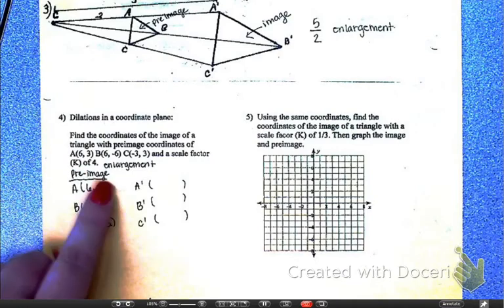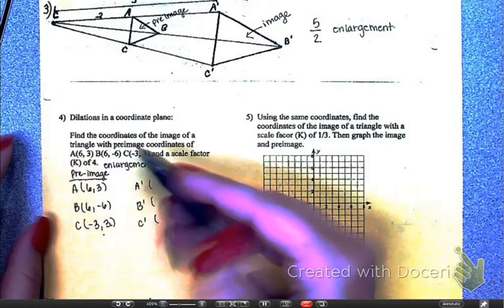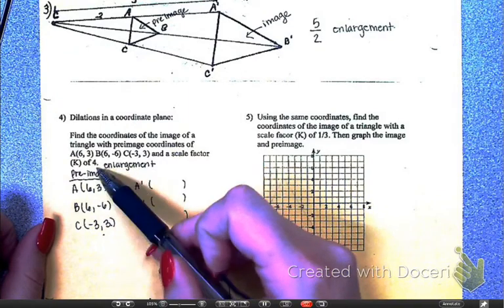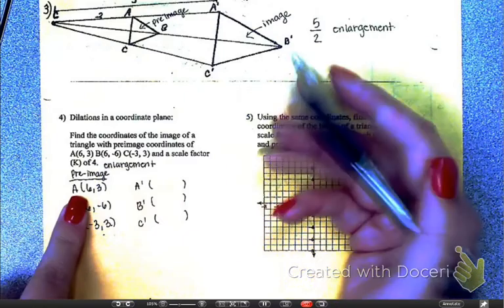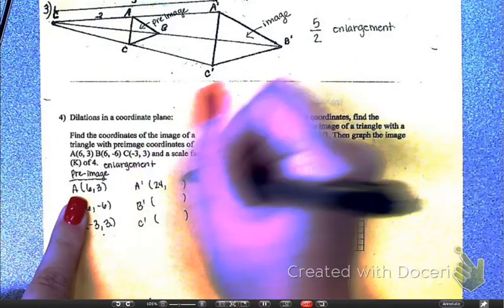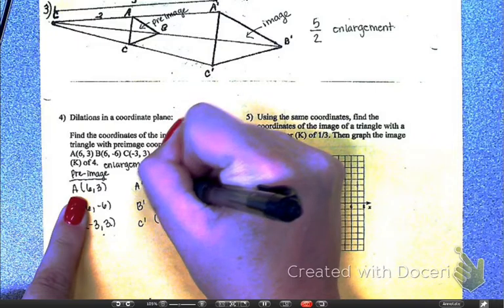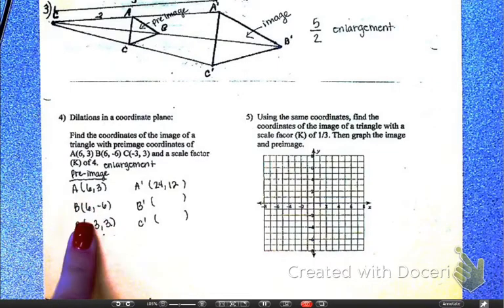If my scale factor is 4, I am just going to multiply each of my points by 4. So 4 times 6, 24. 3 times 4, 12. Okay, we're just making it 4 times bigger than what it already was.